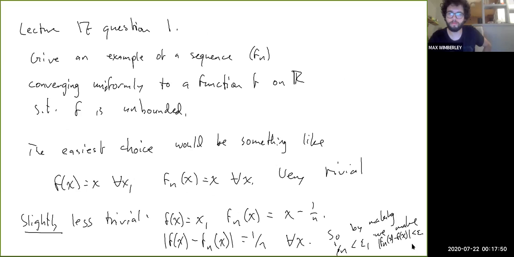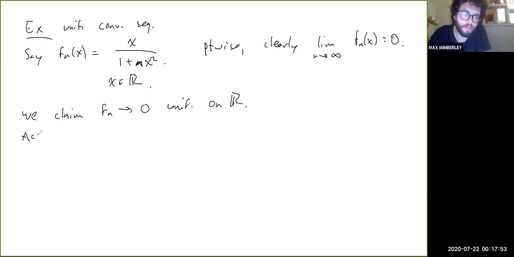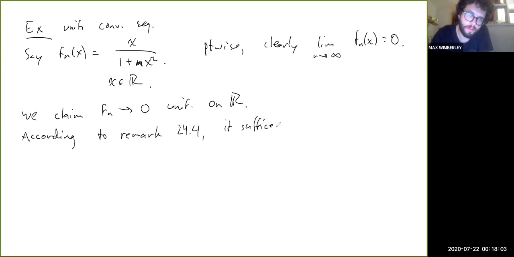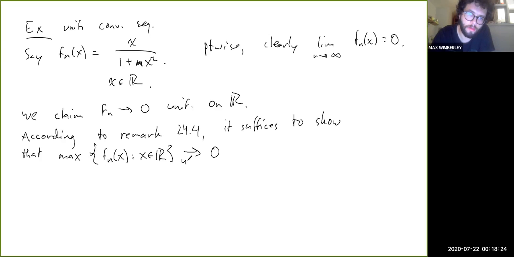So according to remark 24.4, it suffices to show that the maximum value of f_n of x for x in R goes to 0 as n approaches infinity, and the minimum also.